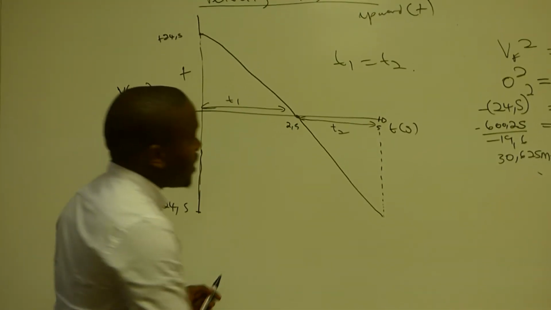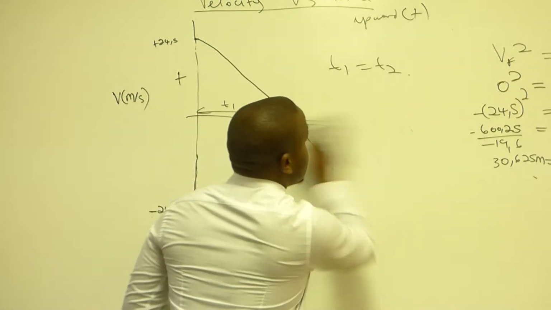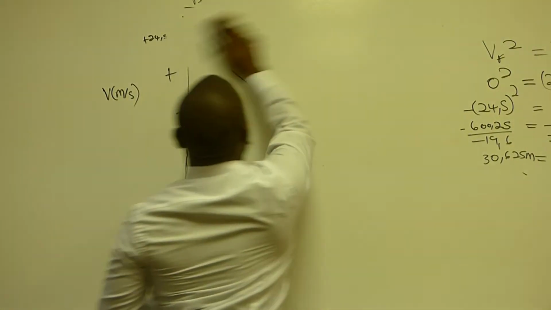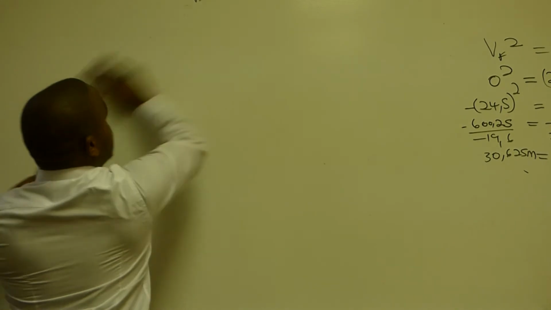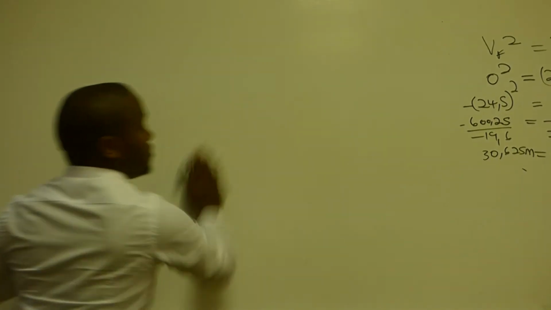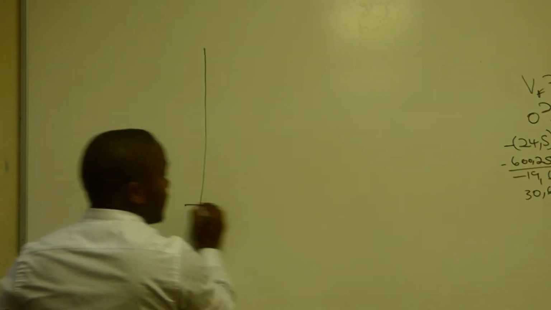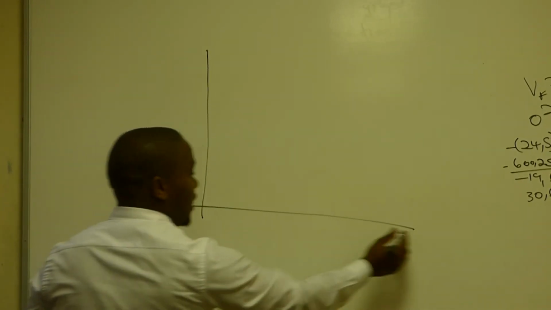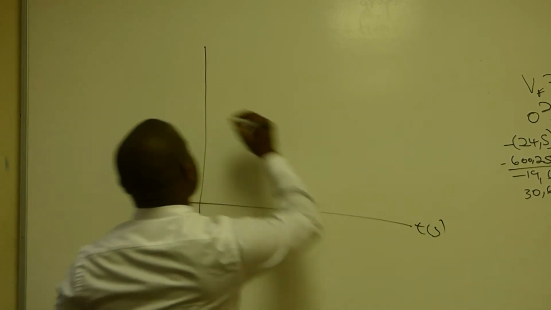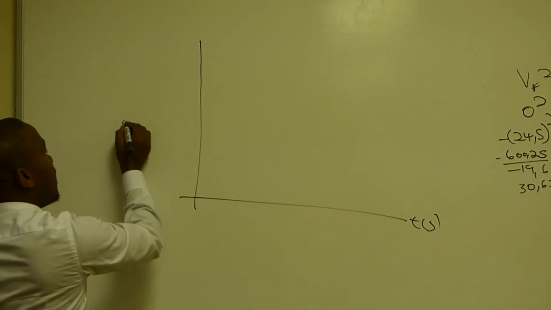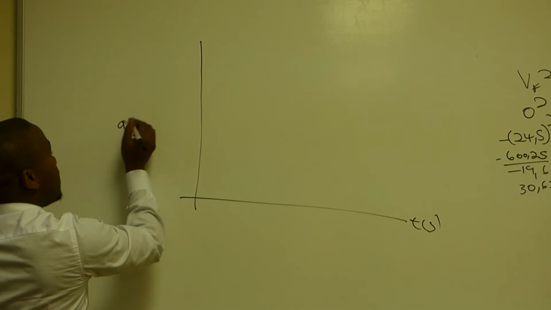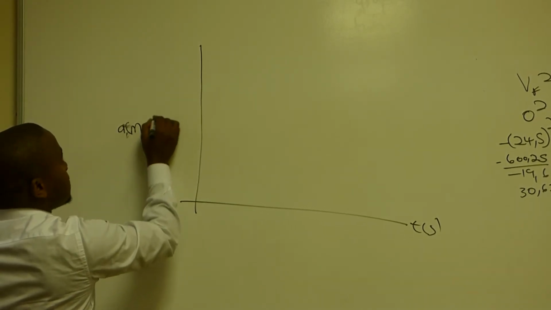Now let's go to acceleration. The easiest one. So I have that. I'll have t in terms of seconds, and acceleration here in terms of meters per second squared.